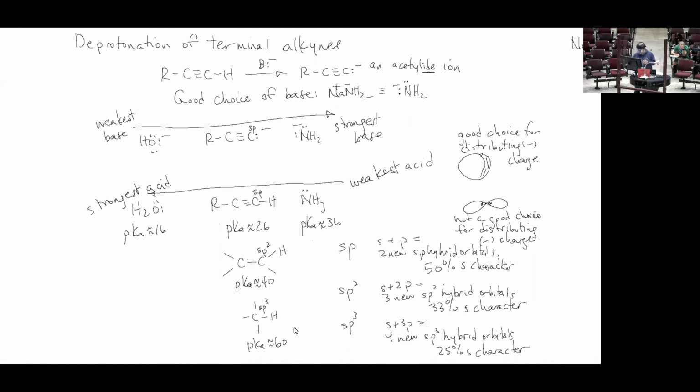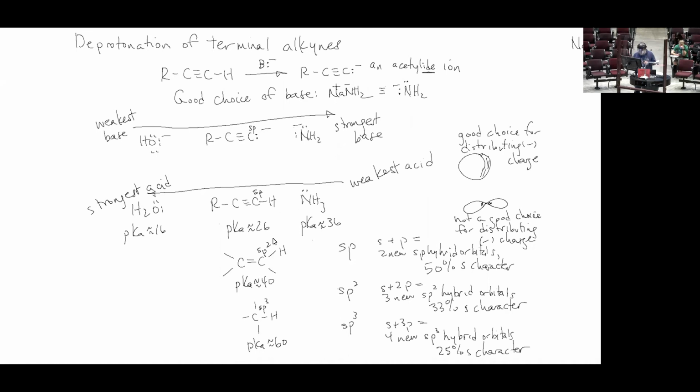That fully explains why alkanes are so non-acidic, because you're asking the carbon atom to put that lone pair into an sp3 hybrid orbital, which is only 25% S in character, and not at all good at reducing the amount of electron-electron repulsion by spreading out the minus charge. And then sp2 slightly better, sp best of all. Now we've got 50% S character, and so this is the best we can get, at least, in terms of spreading out the minus charge or reducing electron-electron repulsion.